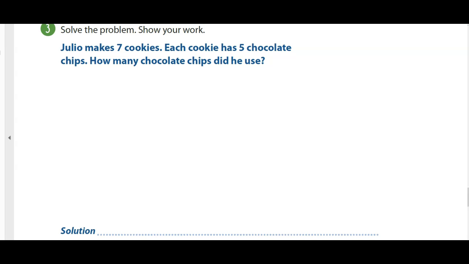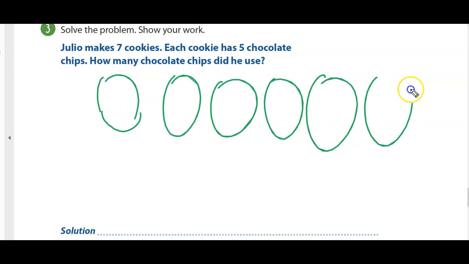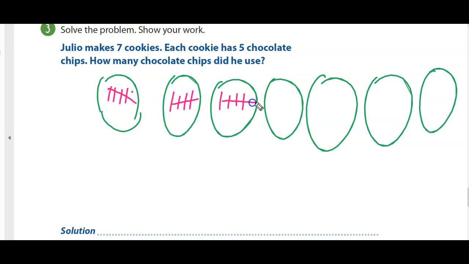Okay. So it says that Julio makes 7 cookies, right? 1, 2, 3, 4, 5, 6, 7. And each cookie has how many? 5. 1, 2, 3, 4, 5. And the same for each of the 7 cookies.